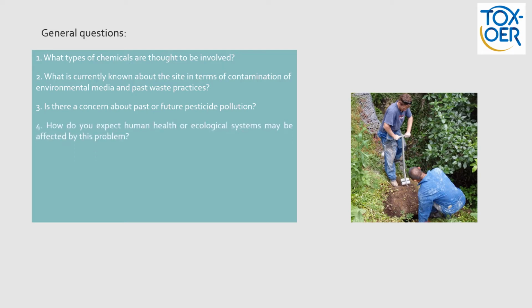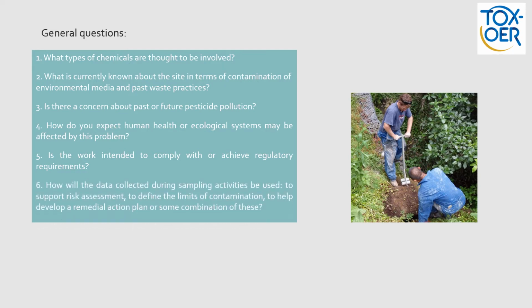How do you expect human health or ecological systems may be affected by this problem? Is the work intended to comply with or achieve regulatory requirements? How will the data collected during sampling activities be used? To support risk assessment, to define the limits of contamination, to help develop a remedial action plan, or some combination of these?